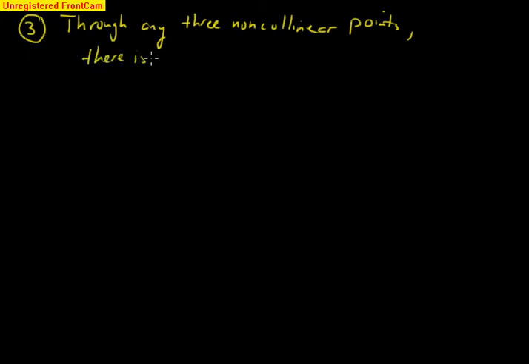So remember that word non-collinear. They can't be on the same line. Very important, as we discussed in class. You can have infinitely many planes going through collinear points. But if they're non-collinear, only one. So let's start with 3 points.